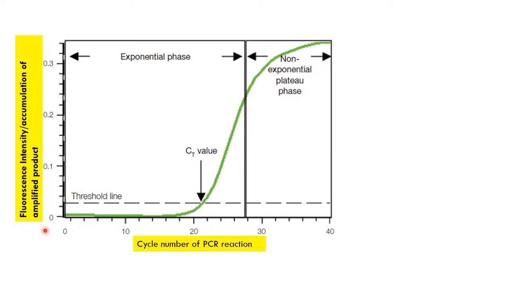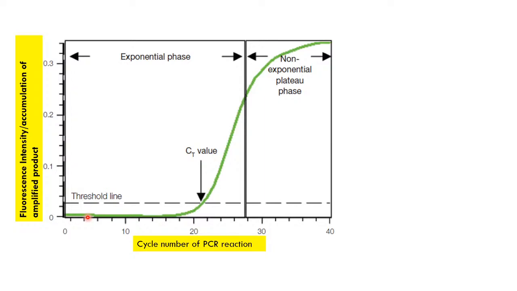So what happens if I start with one RNA molecule and convert it into one cDNA, and the cDNA starts giving you copies. In one cycle, 1 to 2 copies, then in the second cycle, 2 to 4, then 4 to 8, 8 to 16, like that.